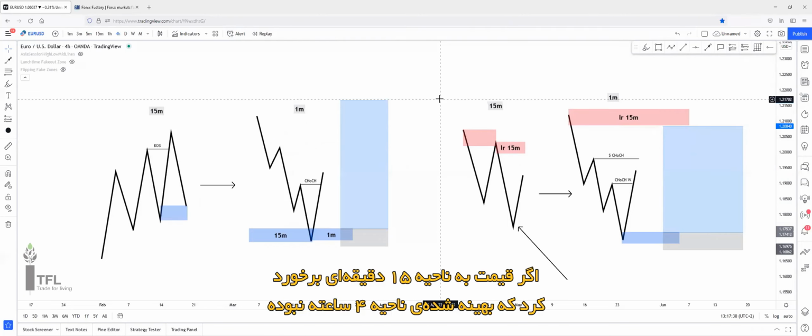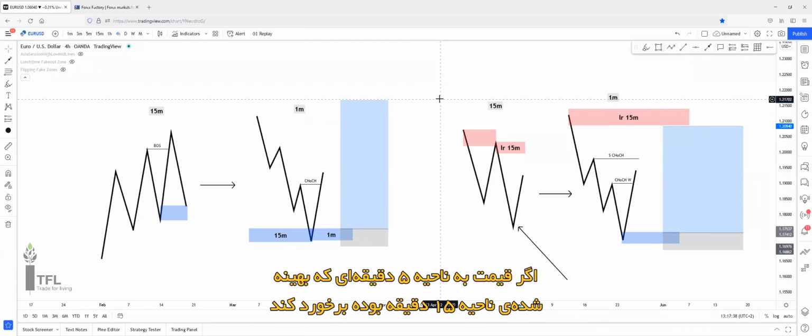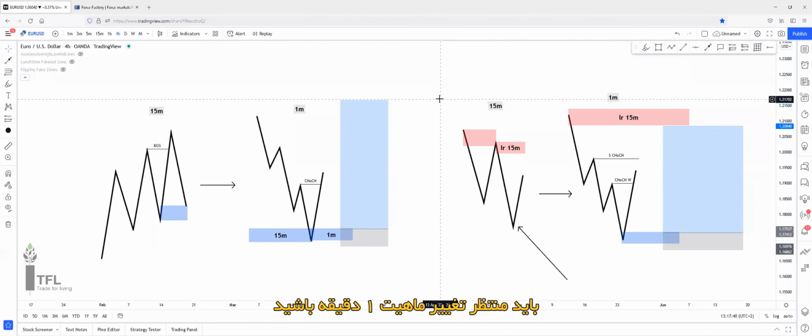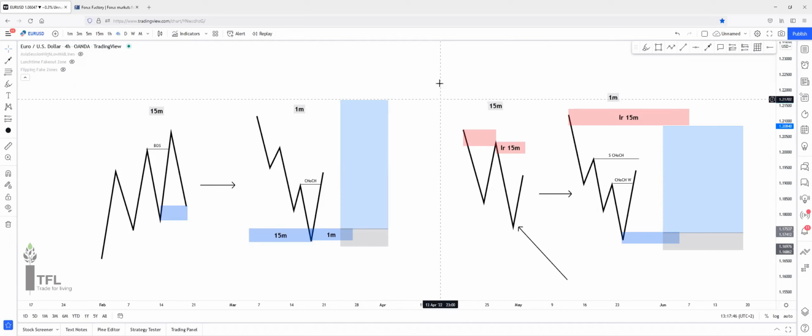If price steps into a 15-minute zone which has not been refined from the 4-hour zone, a 1-minute change of character is perfectly enough. If price steps into a 5-minute zone which has been refined from the 15-minute chart, you have to wait for a 1-minute change of character. Please watch the webinars, because this is explained in every single one.